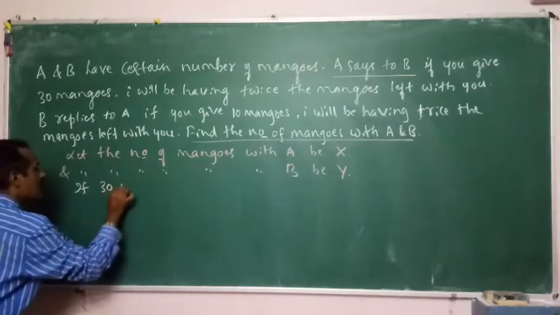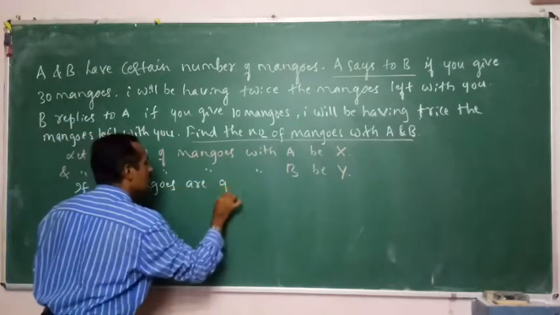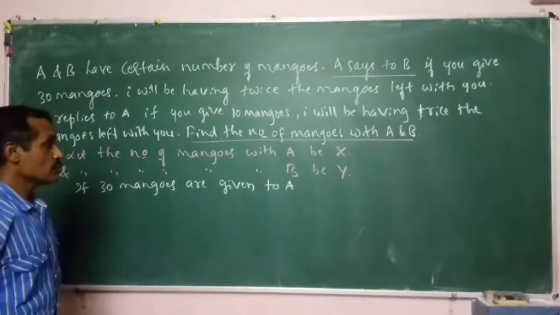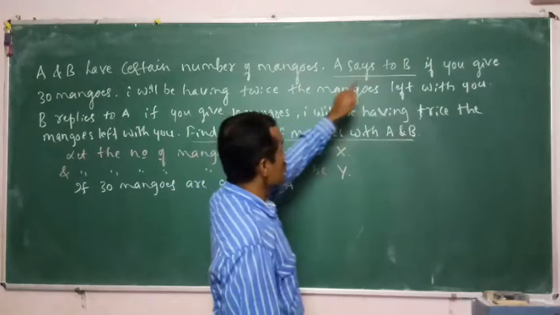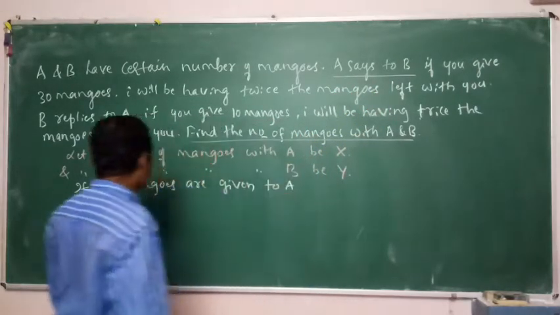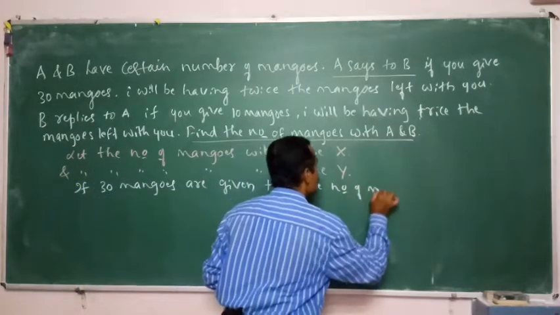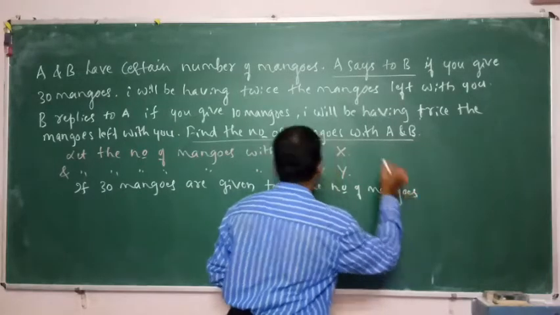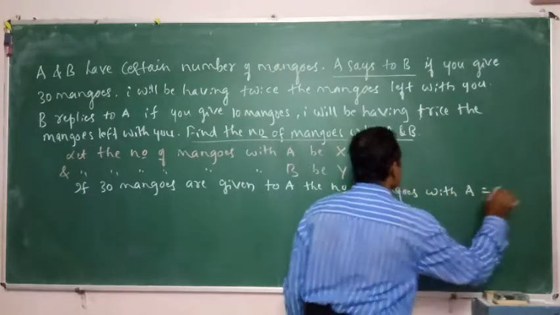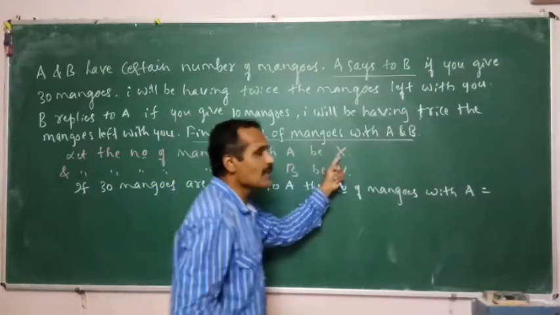If 30 mangoes are given to A, then the number of mangoes with A is 30 more.